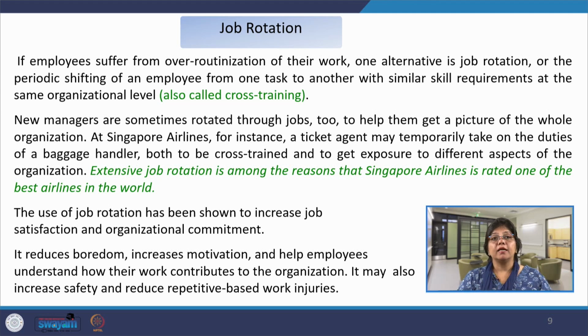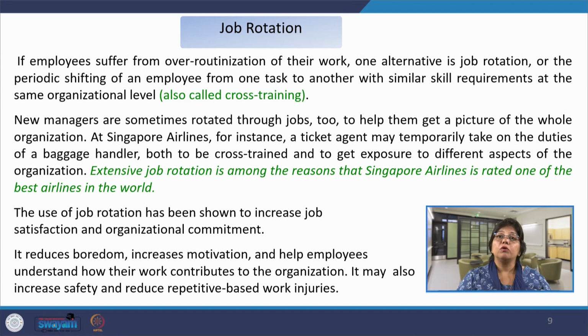So, we can say that job rotation has been shown to increase job satisfaction and organizational commitment, because when employees are transferred from one job to another, from one department to another, there is more interest and novelty in performing different jobs in different departments.